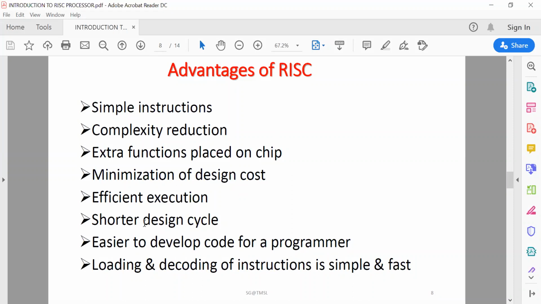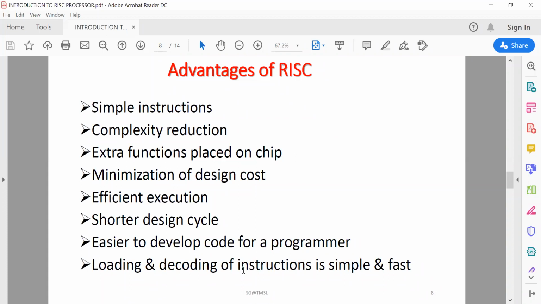Then it has a shorter design cycle. A new RISC processor can be designed, developed and tested more quickly, since RISC processors are simpler than the corresponding CISC processors. It is also easier to develop code for a programmer, since application programmers who use the microprocessor's instructions will find it easier to develop code with a smaller and optimized instruction set.